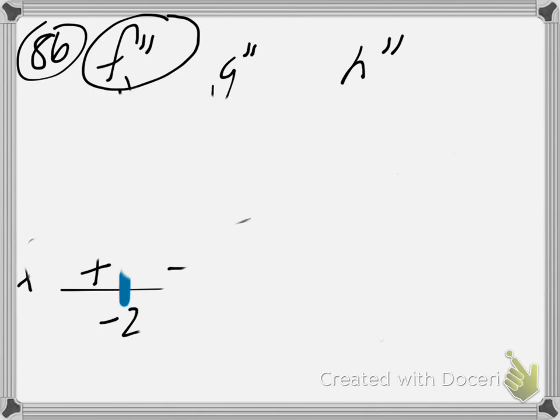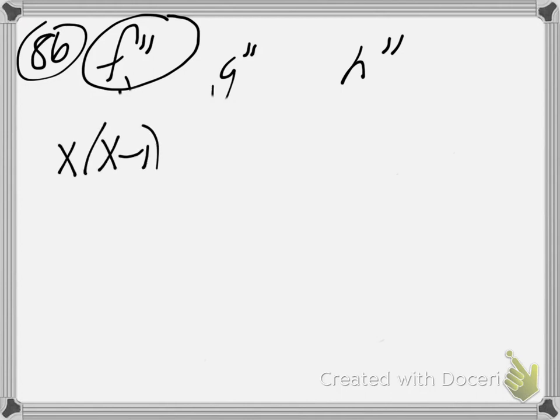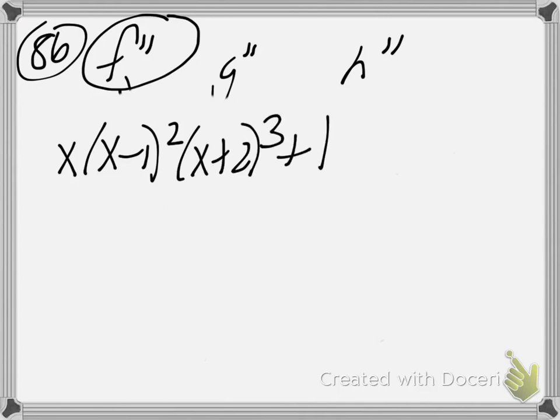And if you didn't quite get the hang of that, as we do more and more of these, you'll see it'll get a little bit better. So g double prime is this. Okay, so we're going to take that and set it equal to 0. Now, because it has a plus 1, we cannot find what the values are as easily as we did before.